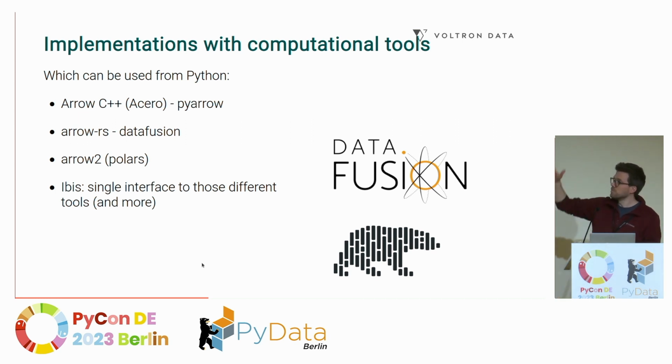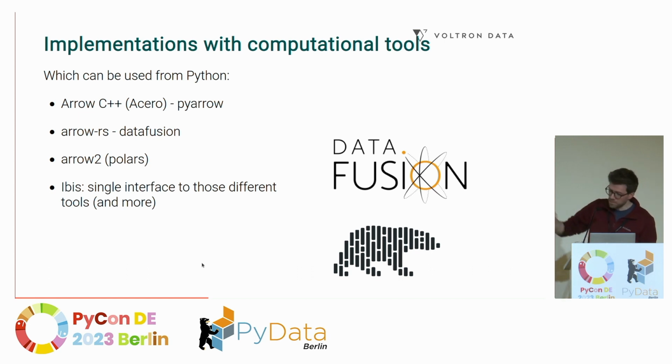And so various implementations of Arrow are already being used nowadays to expand the data frame ecosystem in Python. And for example, Ibis can also interface with all those three. Ibis is a Python library that gives a data frame interface but has different backends, and it can also use various backends based on Arrow.